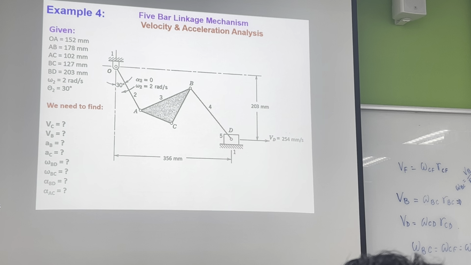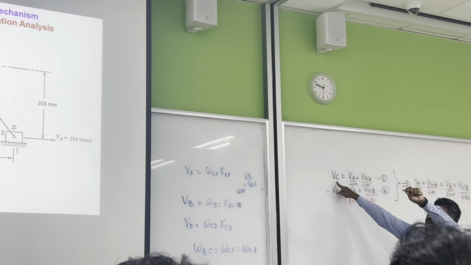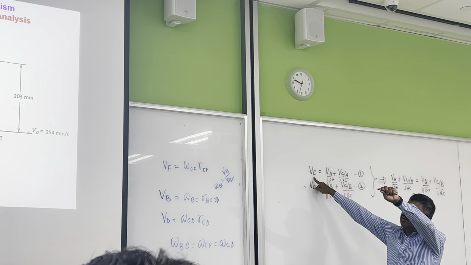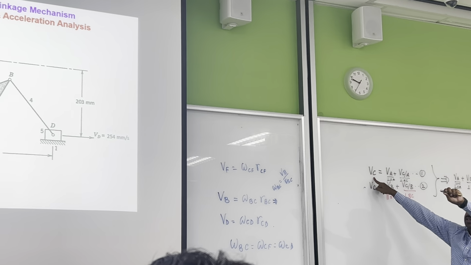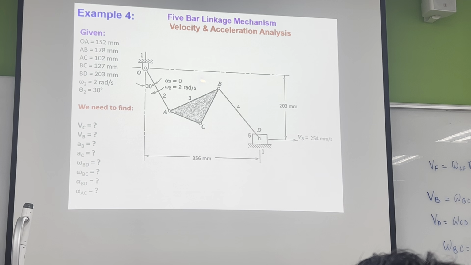Because we can set up two equations for B. VB equals VA plus VB relative to A, from known point A to unknown point B. And the second equation from known point D to unknown point B. Clear to everyone? Because at point D, our VD was given. That's why we'll be able to tackle it with this approach.